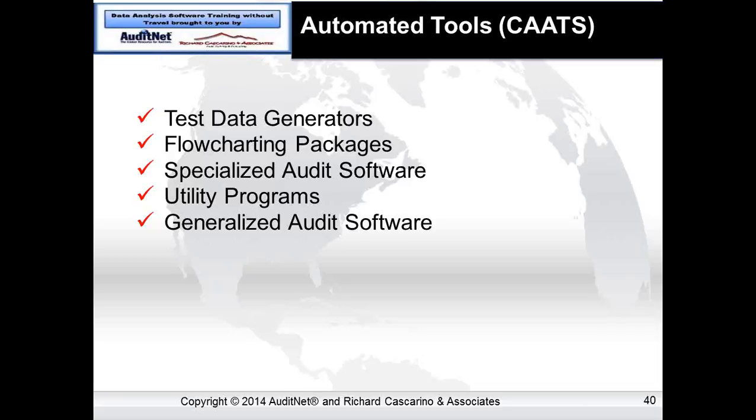The standard utilities, backup, copy, print, sort, they all came with the machine. And I've seen auditors go out and buy audit software to interrogate the machine to find out if a file existed on the computer. What's wrong with find, search, locate, depending on which software you're using?